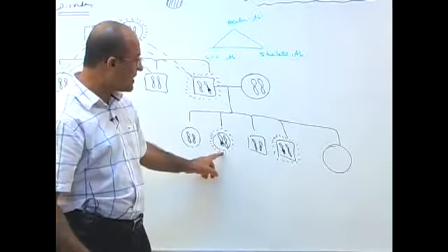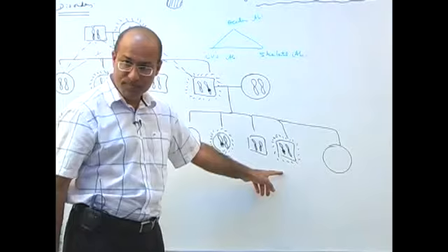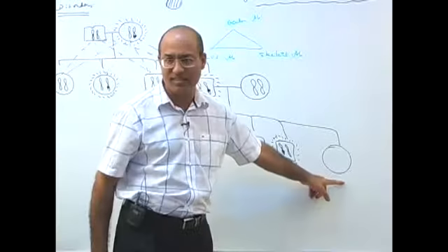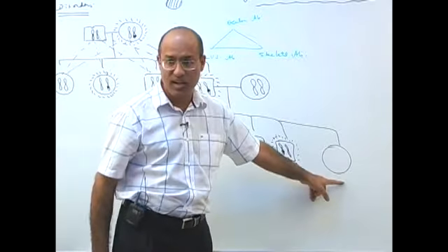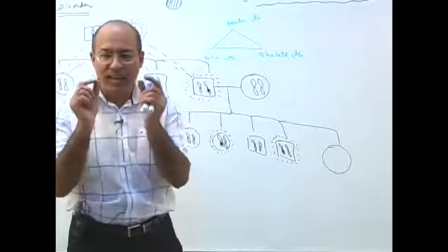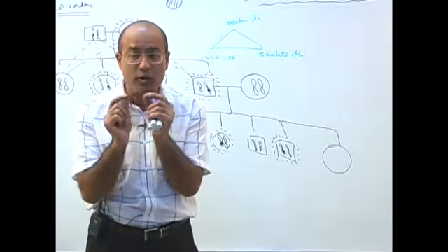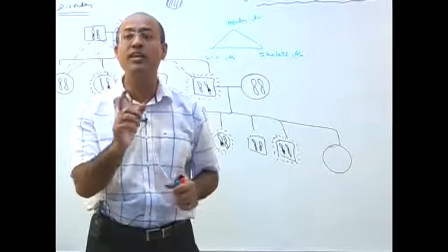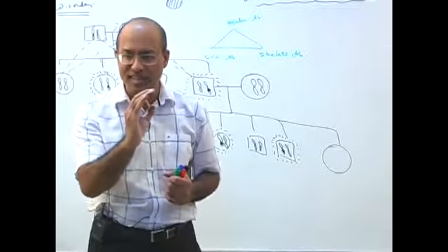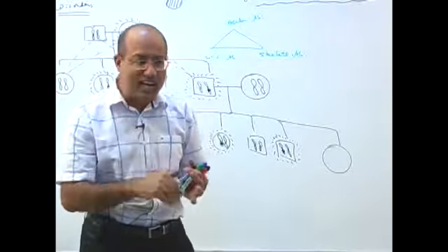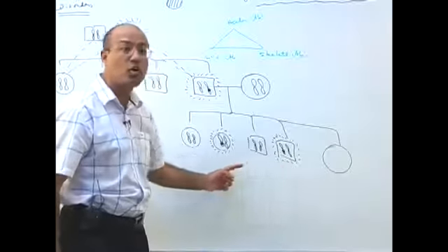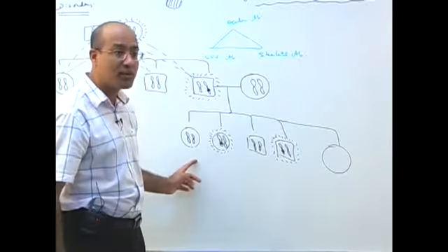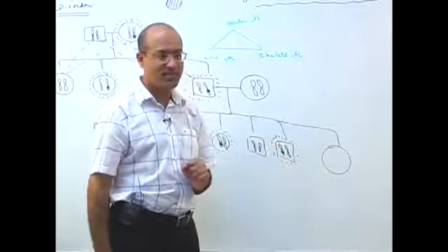Actually, whatever pregnancies occurred before, they have nothing to do with this pregnancy. You know why? Every time when gametes are made and one zygote is made, this is a totally independent event, right? Regardless of how many affected or normal offspring were before this pregnancy.